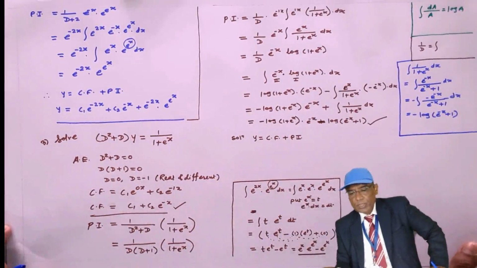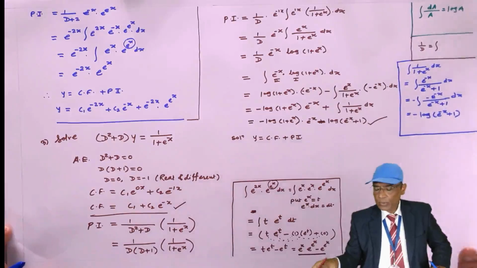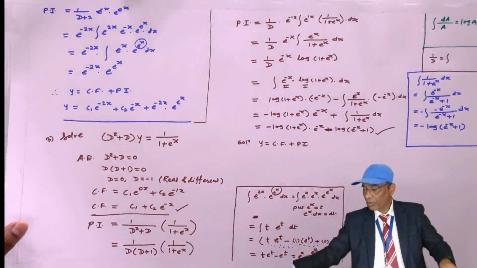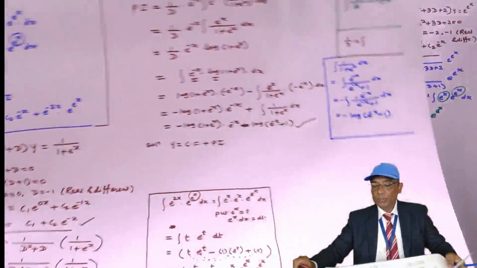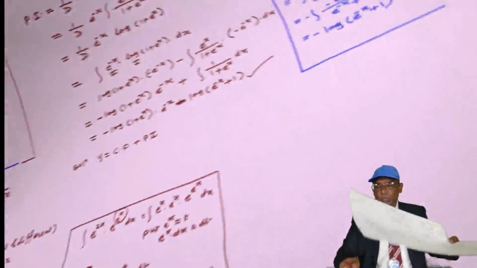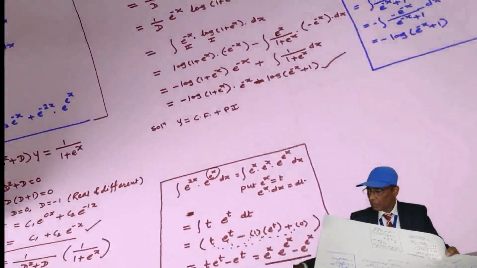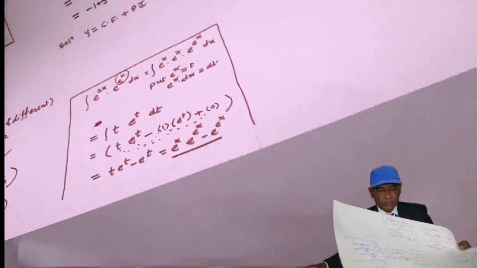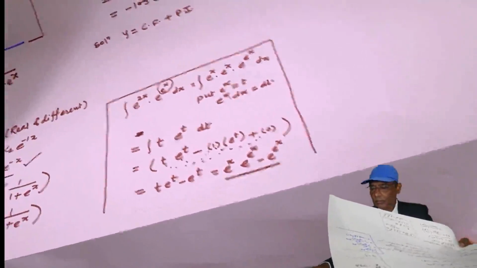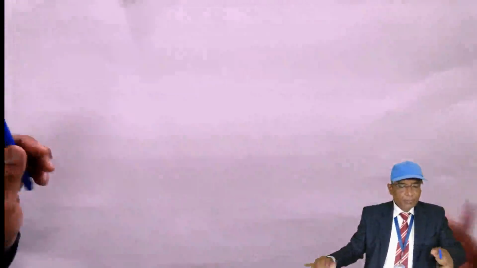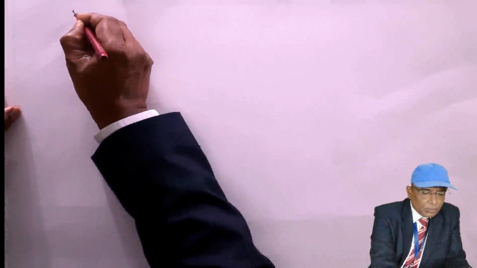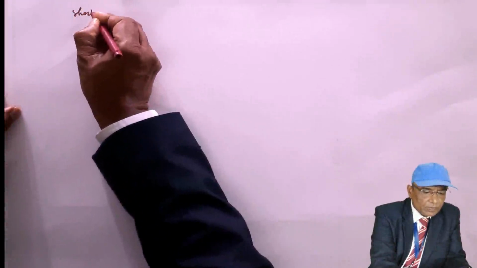Okay, now we are going to discuss one more method for the solution of linear differential equations with constant coefficients. That is called the short method. The names of those methods, short method or general method, fully depend on us. Now, this one I am calling the short method.